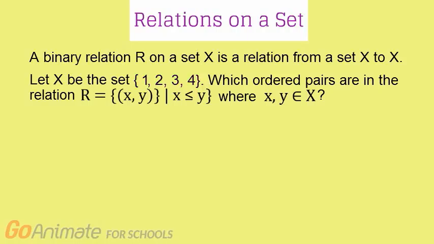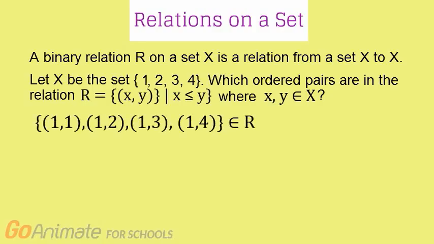We can start with the element 1 in X. Next, find its pair also in X that fulfills the condition X less than or equal to Y. 1 can be paired with 1, 1 can be paired with 2, 1 can be paired with 3, 1 can be paired with 4. This means that the ordered pairs (1,1), (1,2), (1,3) and (1,4) are elements of R.